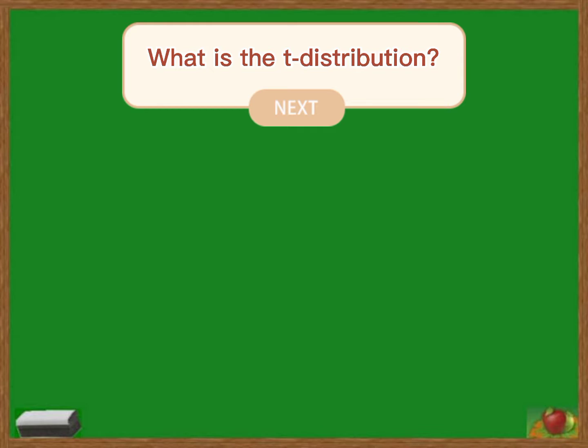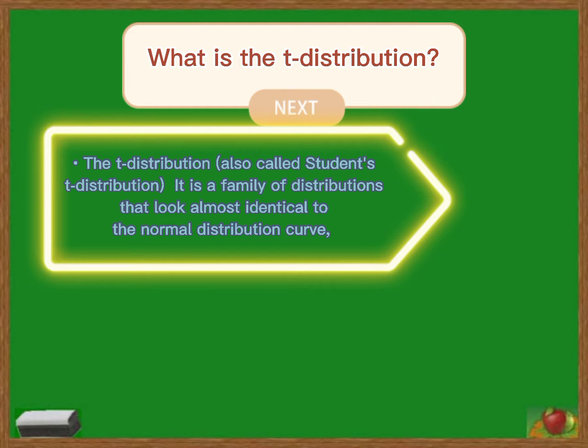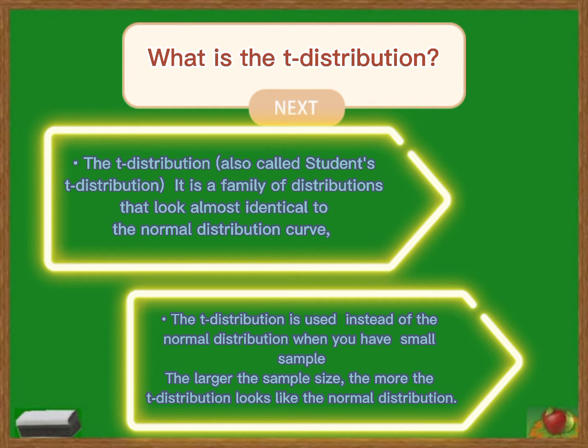And now, we proceed to the t-distribution. What is the t-distribution? The t-distribution is also called the student's t-distribution. It is a family of distributions that look almost identical to the normal distribution curve.